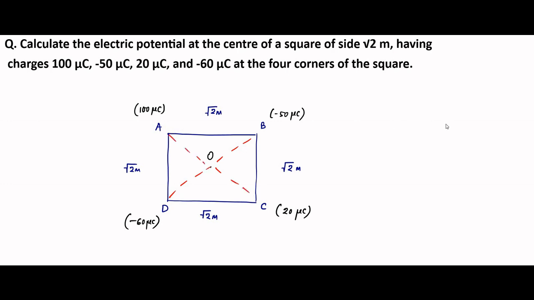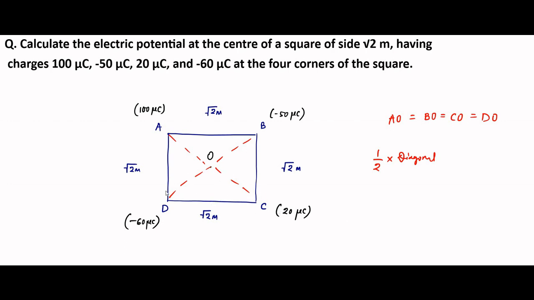So for this, the distances AO, BO, CO and DO, which are all equal, we have to calculate. That is half of the diagonal, the diagonal distance AC or BD.